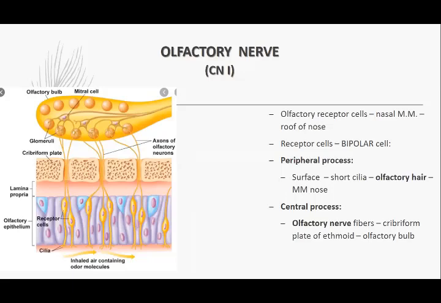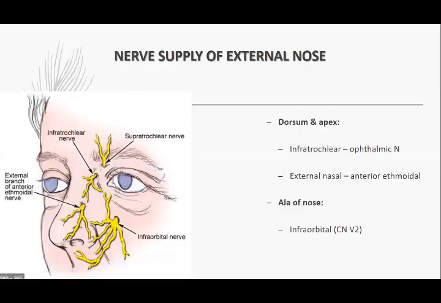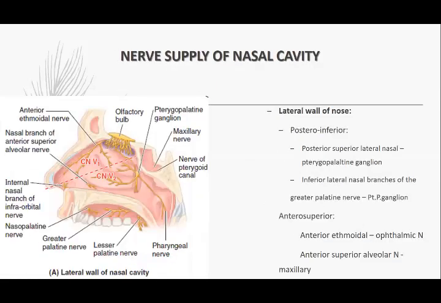So today we do the nerve supply of the lateral wall, I repeat. The lateral wall of the nose, the anterosuperior and the posterior-inferior parts. The posterior-inferior part is supplied by branches from the pterygopalatine ganglion.